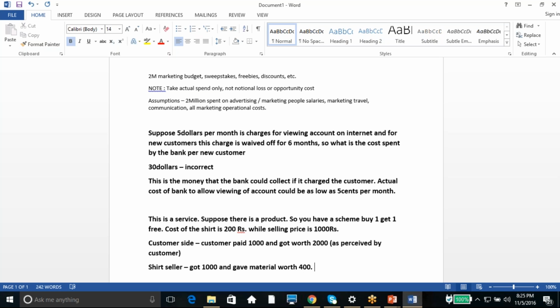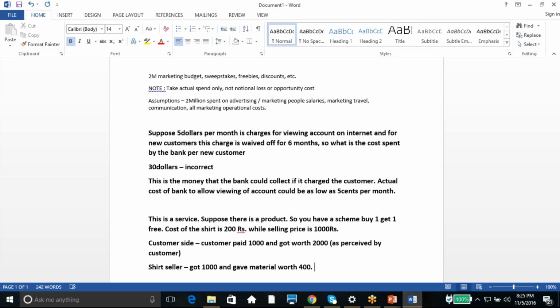And the other is those freebies and discounts that they have put, in which one should consider only the actual money outflow of the bank to service those freebies or discounts, but not the potential earning that they could have got. That's not a cost.